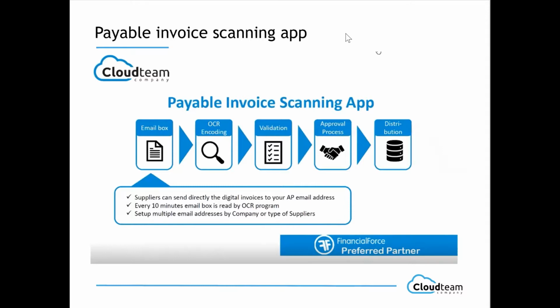It's a very straightforward process in which all your suppliers can send an email with their invoice to your email box. Then through the OCR encoding, which is managed by DC Data, our partner for OCR, this will enable the PDF view, in which after some steps the users can validate all the important information retrieved from the invoice.